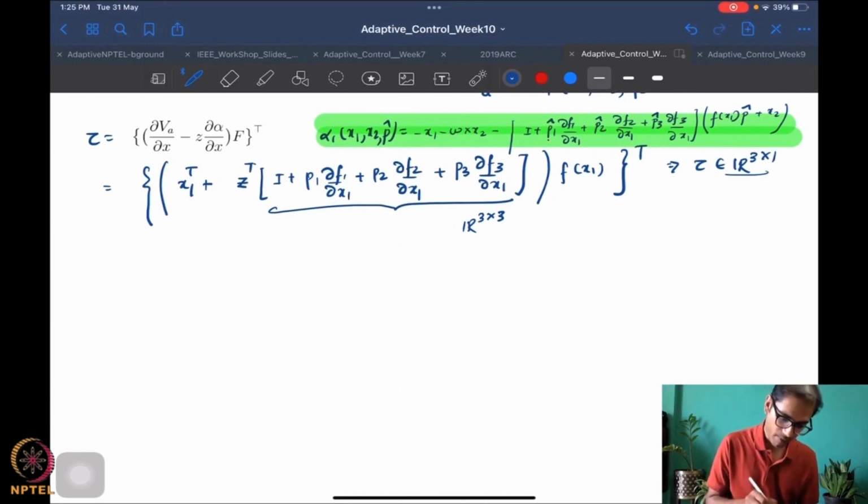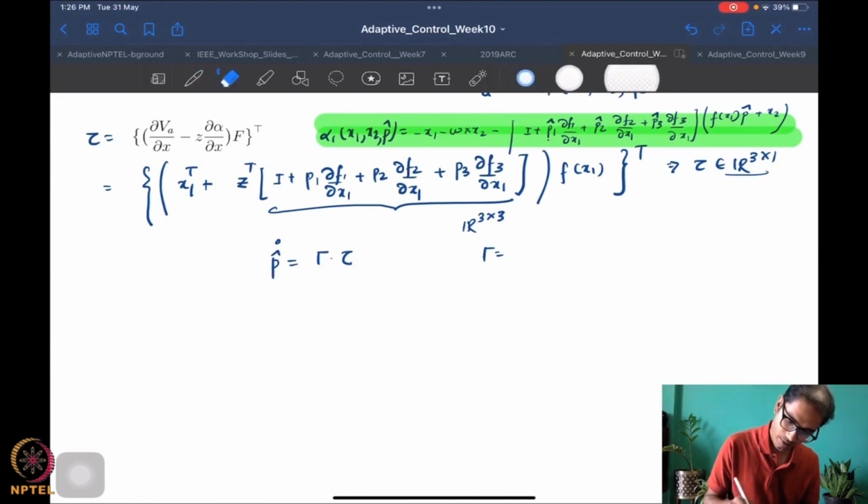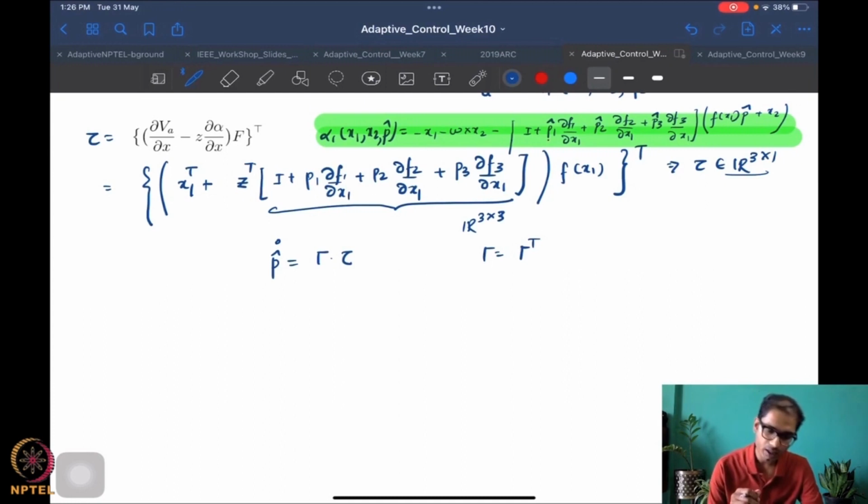Yeah, so my update law will be p hat dot equal to the gamma matrix times the tau. Gamma is just a symmetric positive definite matrix. So gamma can be anything in this case, right?